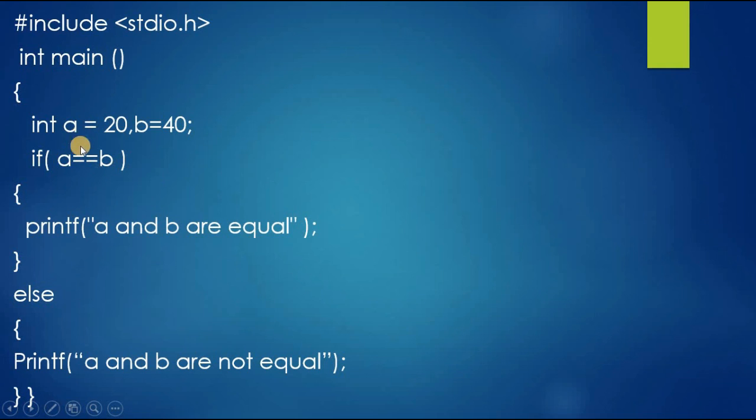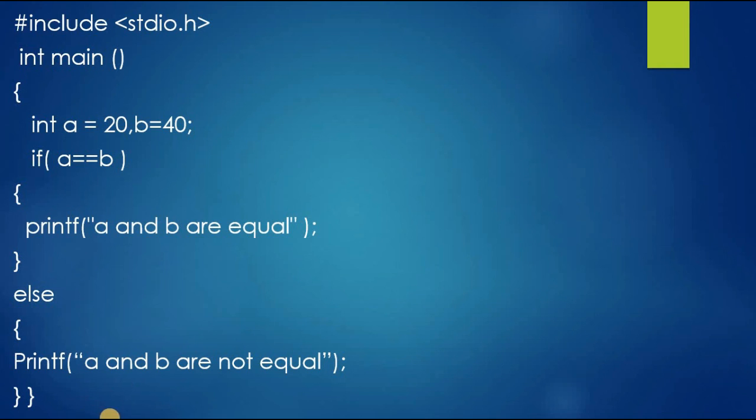Here we will now trace the program, that is whether a is equal to b or not. We declared a as 20 and b as 40, so a is not equal to b. Our condition is false here, so it will go directly to the else part of the program. Since the condition is false, it will not go to the first statement block of the program.